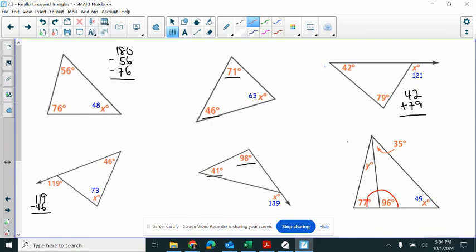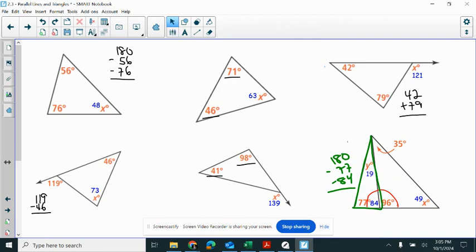They're a linear pair, so they have to add up to 180. So if I did 180 minus 96, I get 84. Then if I just look at the triangle on the left, I can do my triangle angle sum theorem and do 180 minus 77 minus 84. That would give me the angle where y is, which would be 19.